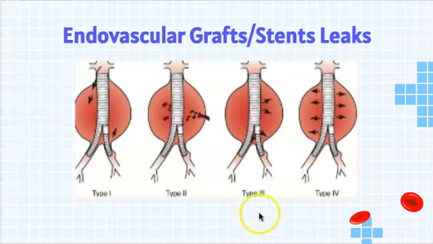Type 4 is similar to type 3, except there's flow through the fabric, secondary to the porosity of the graft. So in type 3, we have a tear in the graft, and that's why it's leaking. Whereas here, the graft material itself doesn't have a tear, it's just really porous, and the blood is just kind of seeping out of it.